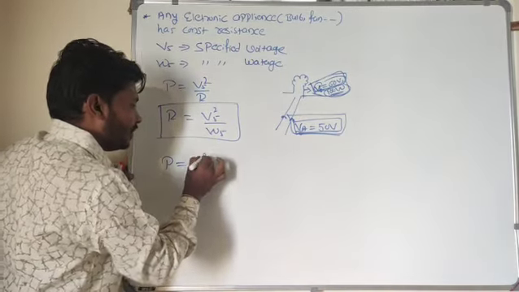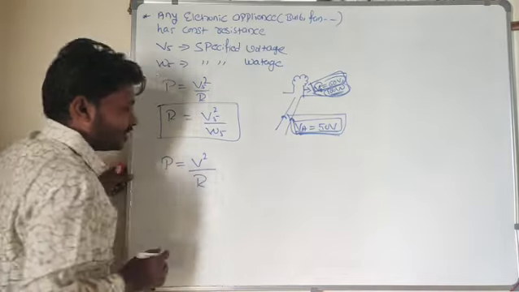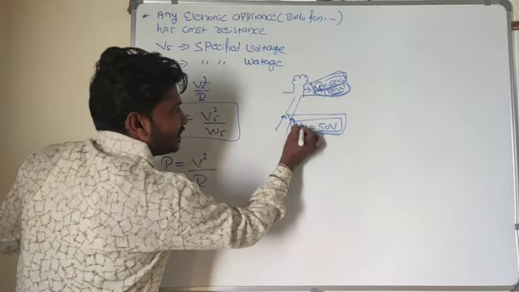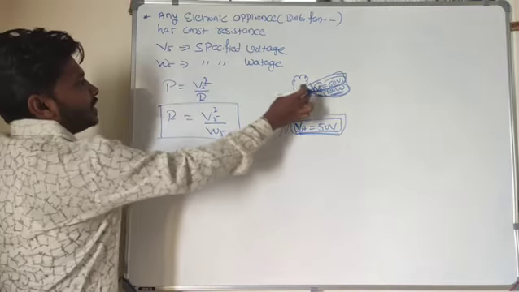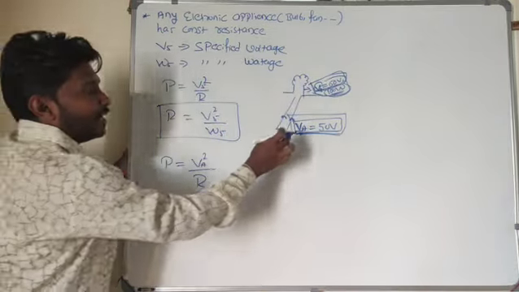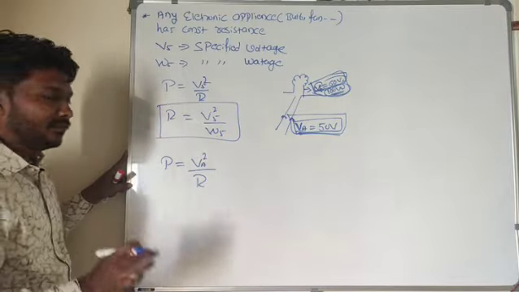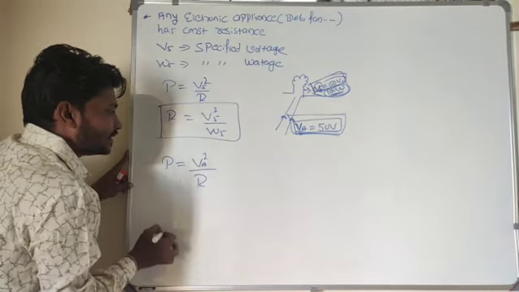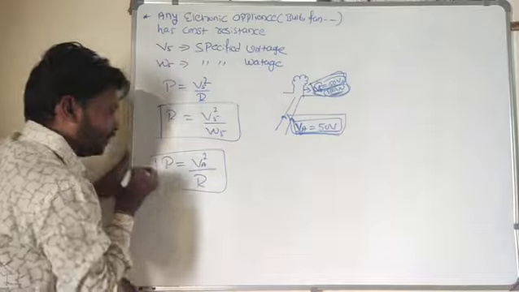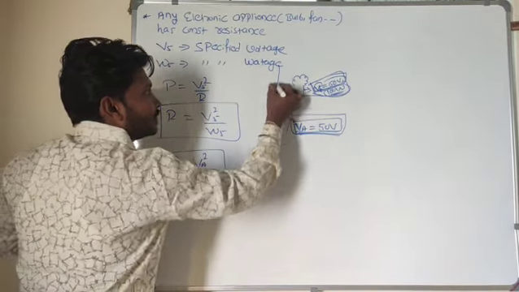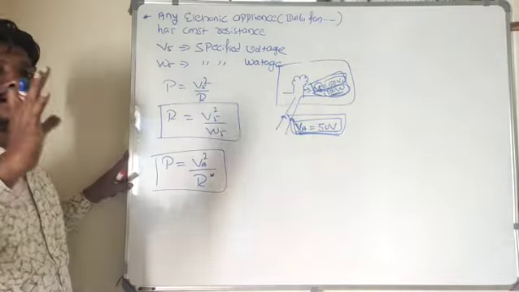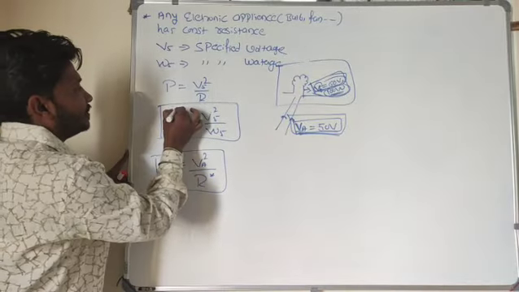Look here, P is equal to V square by R. The applied voltage I will take as V of A. The specified voltage is 60 volt and the applied voltage is 50 volt. So this is the formula. If you don't know the resistance of this bulb, and the given question doesn't mention the resistance, then what do I have to do?